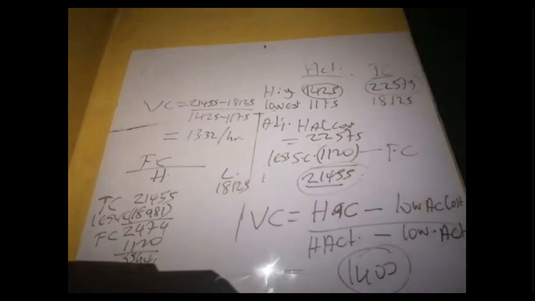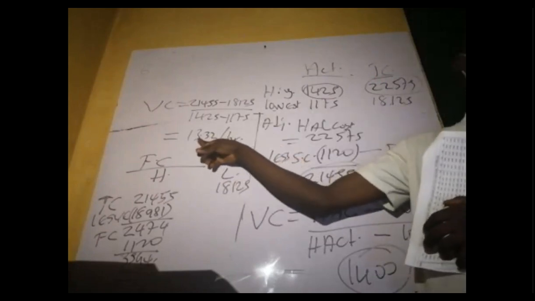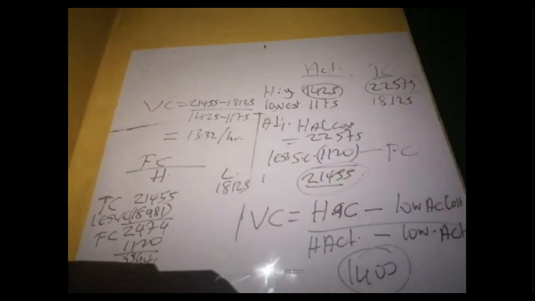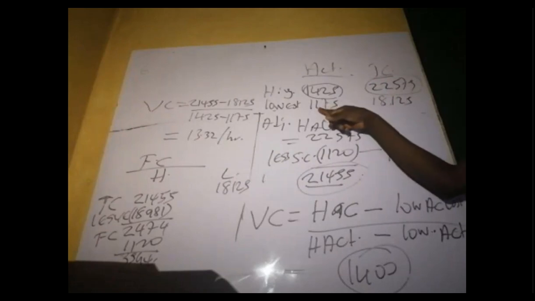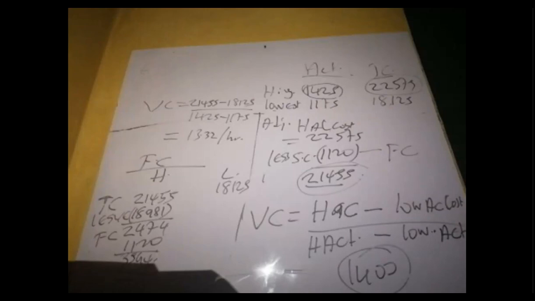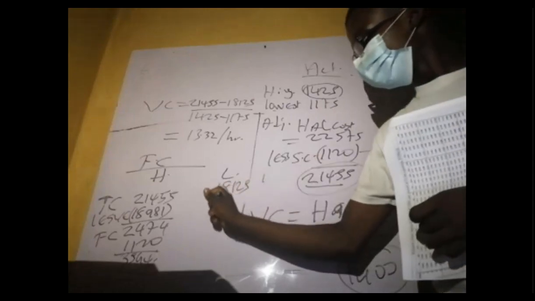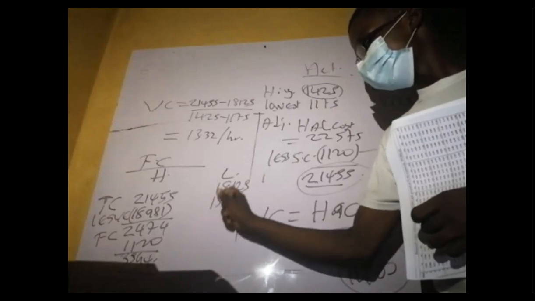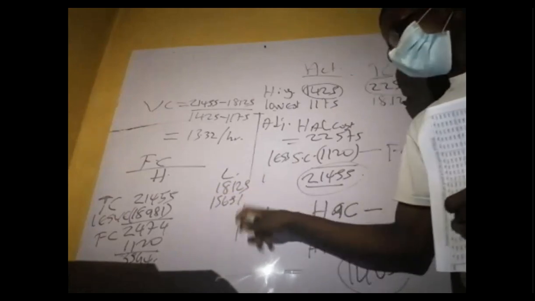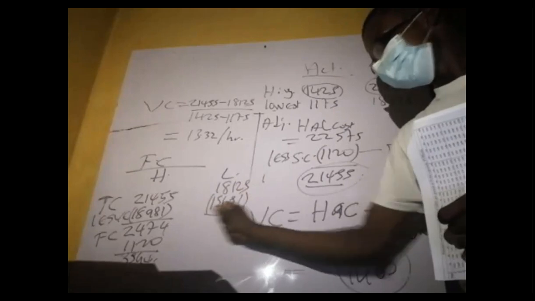18,125. Let's find the variable cost. Again, the variable cost per unit is what? 13.32. Let's multiply by 1,175. And that will give us 15,651. So let's take it up.